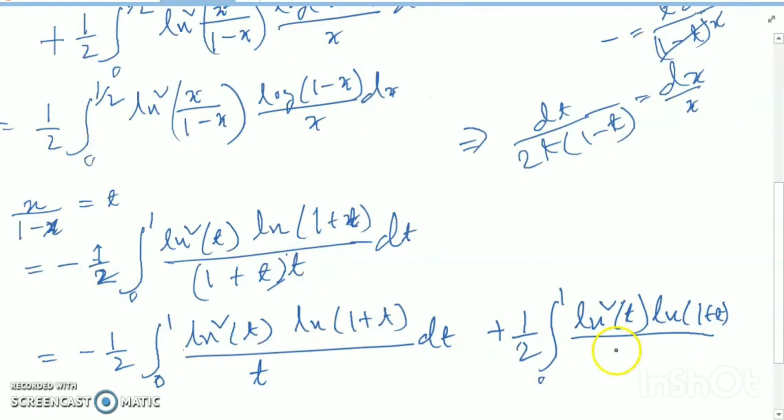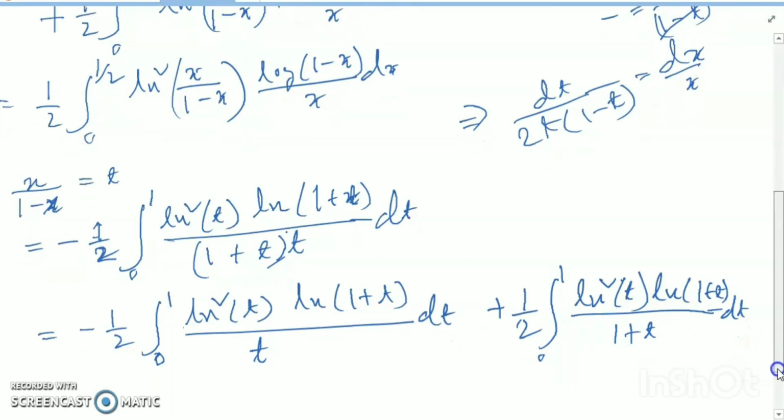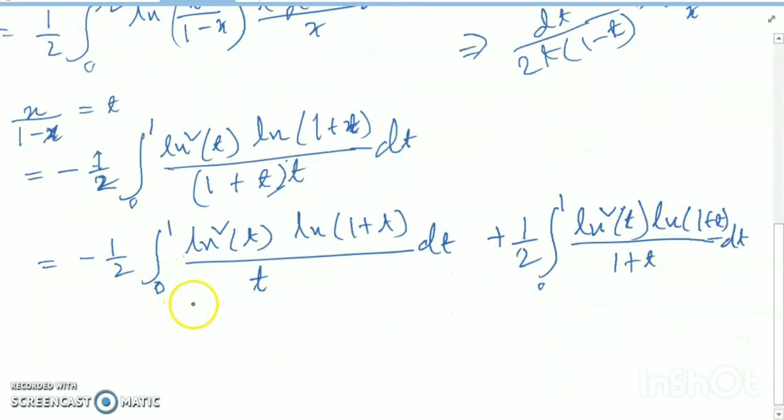Okay, I hope you can understand. Now I have already proved these values in my channel. This value is equal to 7 pi to the power 4 divided by 360.